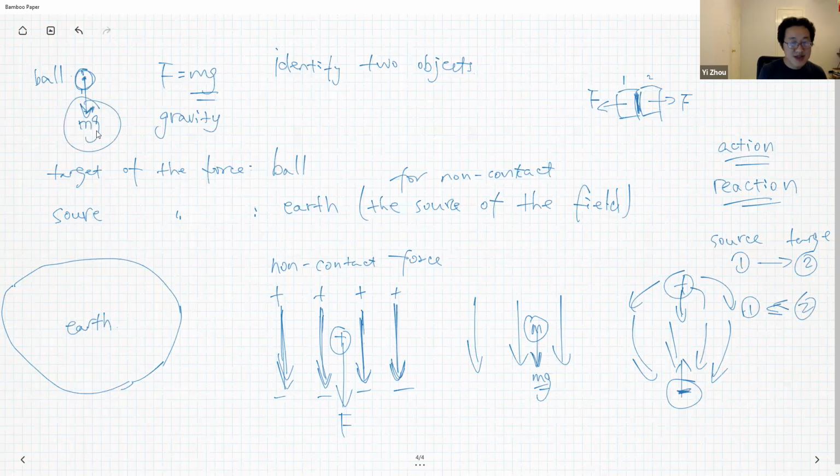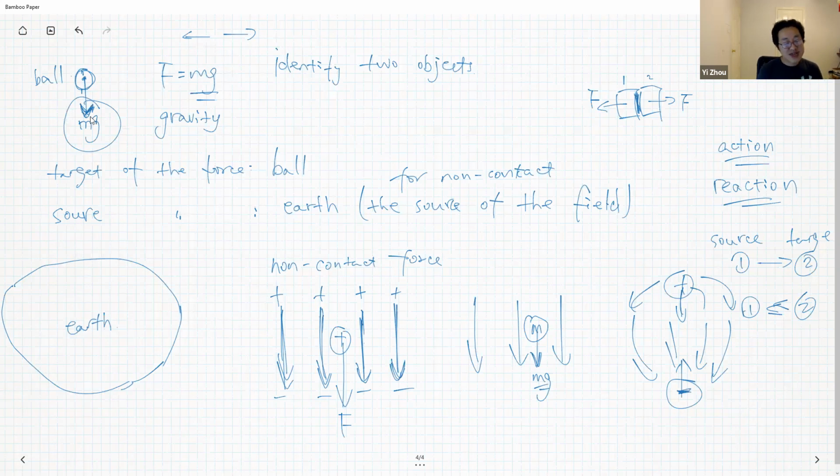What is the direction and what is the magnitude of the reaction force to this gravity force? I mean, the pair, right? When we talk about Newton's third law, we're talking about a pair of forces.